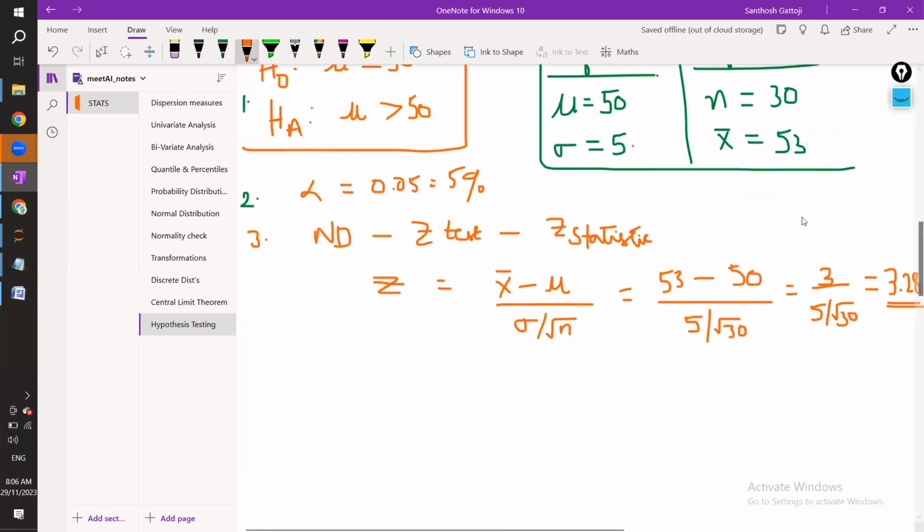Z statistic is clear? See guys, Z, sorry, not T, Z statistic. First you have to do the alpha and then you have the Z statistic. The Z statistic value is X minus mu by sigma, and for a sample it will be X bar minus mu by sigma by root n. You put the values, you got 3.28. Are we good?